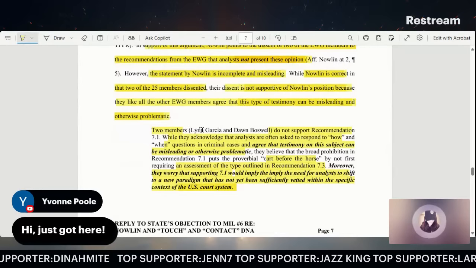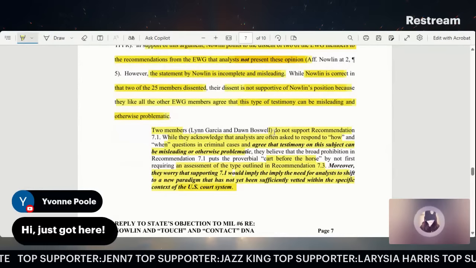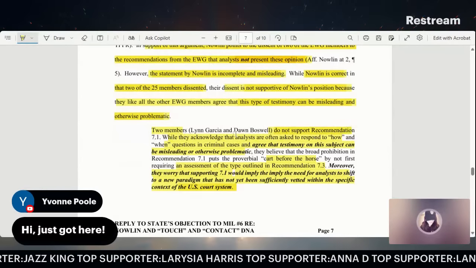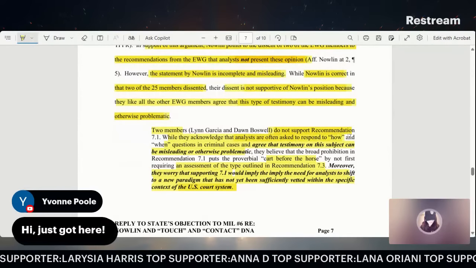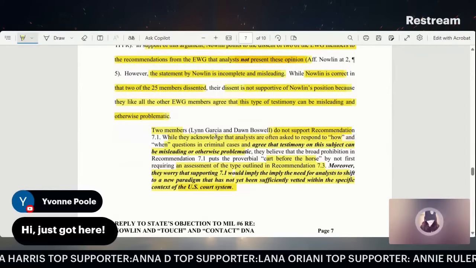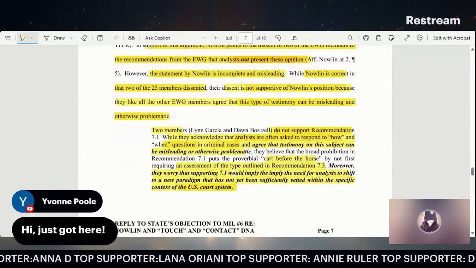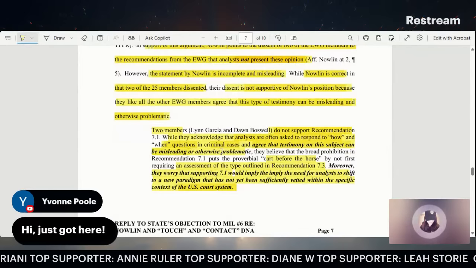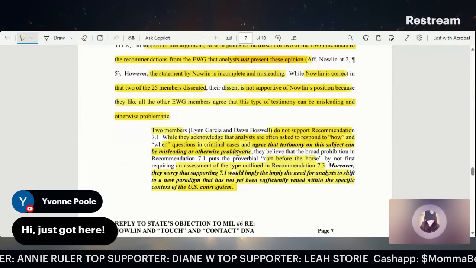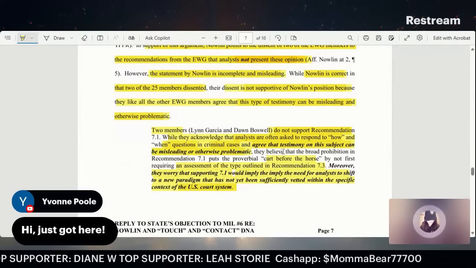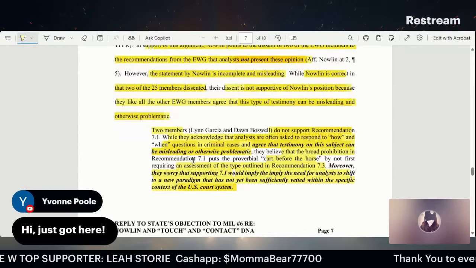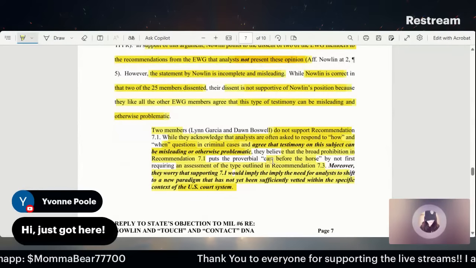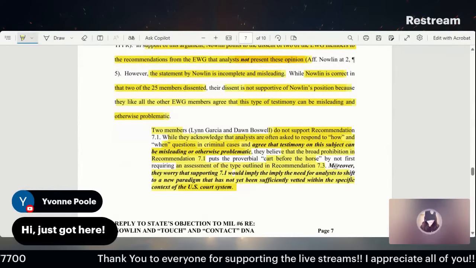So these EWG members are saying, right, 2 members who are saying they don't support the recommendation of 7.1. Analysts are often asked to respond to the how and the when questions in criminal cases. And these 2 members agree that testimony on this subject can be misleading or otherwise problematic. They believe that the broad prohibition in Recommendation 7.1 puts the proverbial cart before the horse.